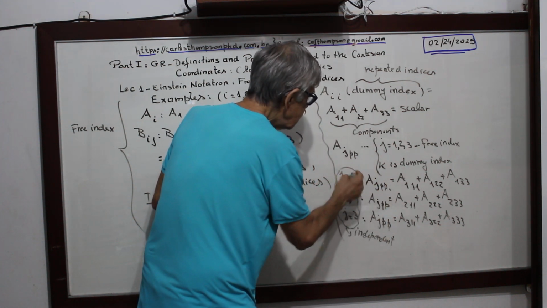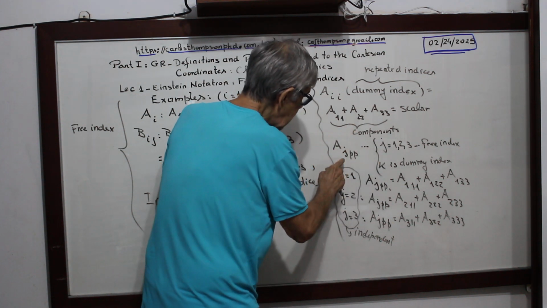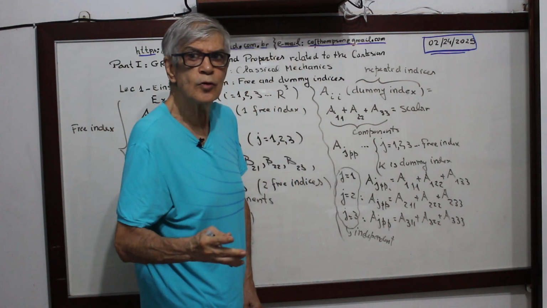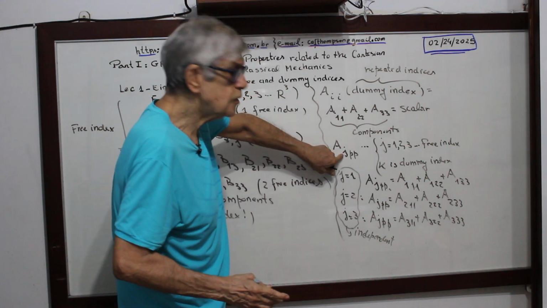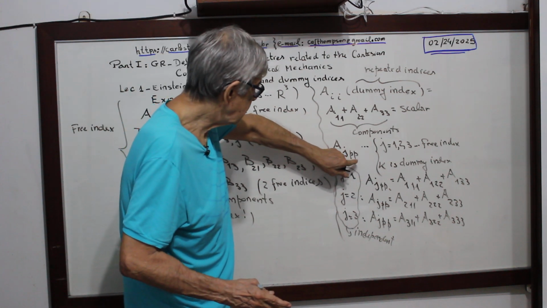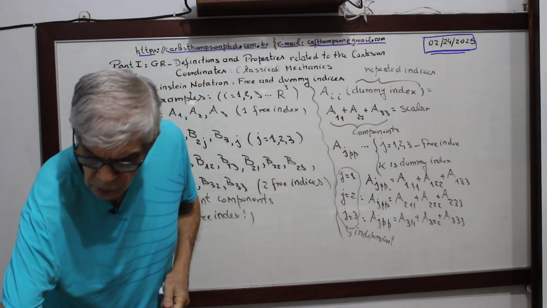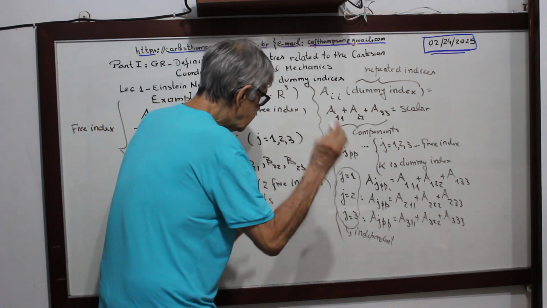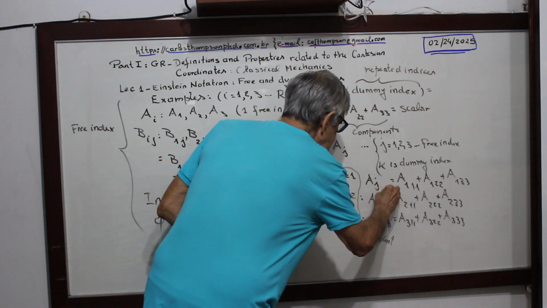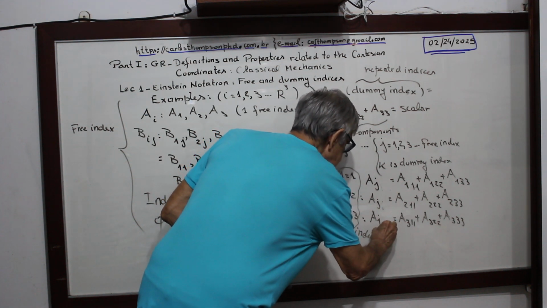Dummy means I can, for instance, substitute this index here. Please, in A_jkk, don't put jj, because you'll be quite confused, because j is free and pp is dummy. Substitute it by any notation you want. Okay, just for you to understand, I will erase here, here, and here.